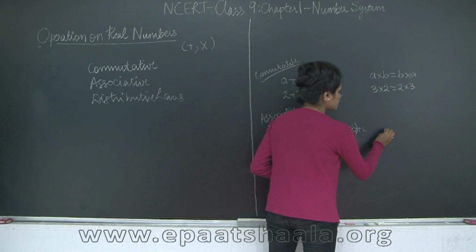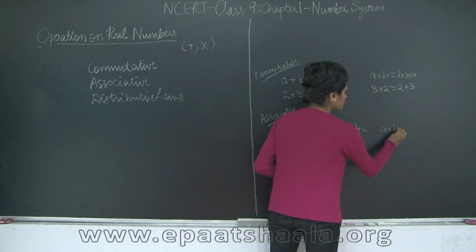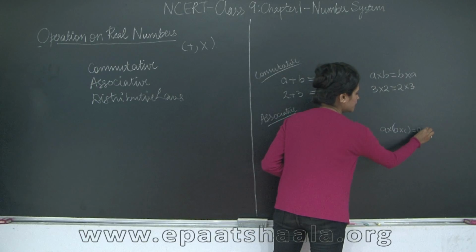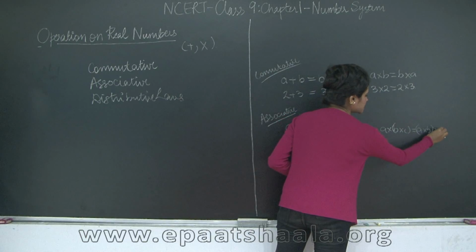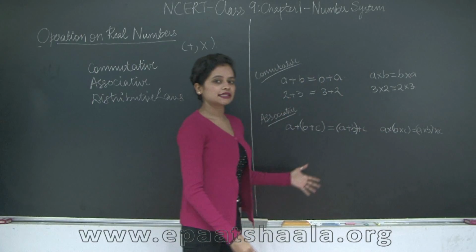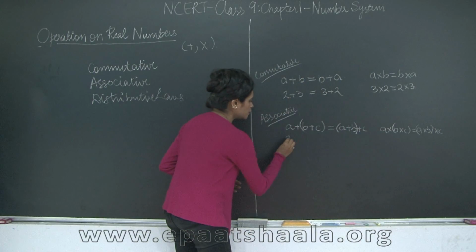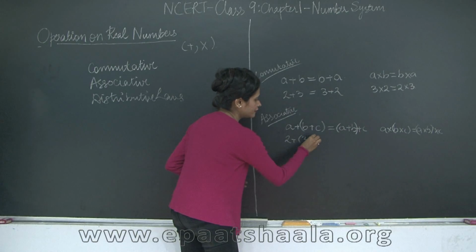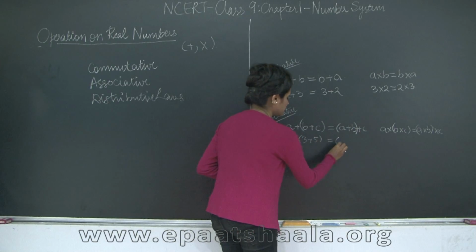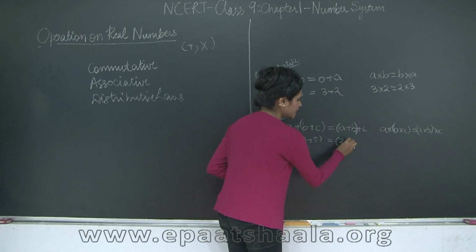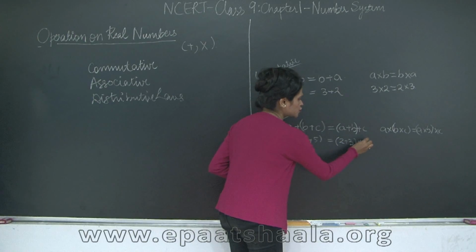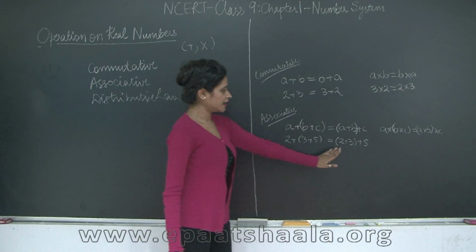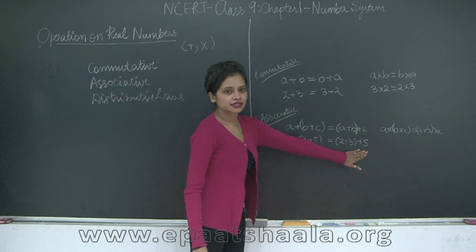Similarly, for multiplication, if I have a into b into c, this is also equal to a into b into brackets into c. Let us see this for numbers. If I take 2 plus 3 plus 5, this can also be written as 2 plus 3 plus 5. When you add, this is going to give you 2 plus 8, which is 10, again 5 plus 5, which is 10.